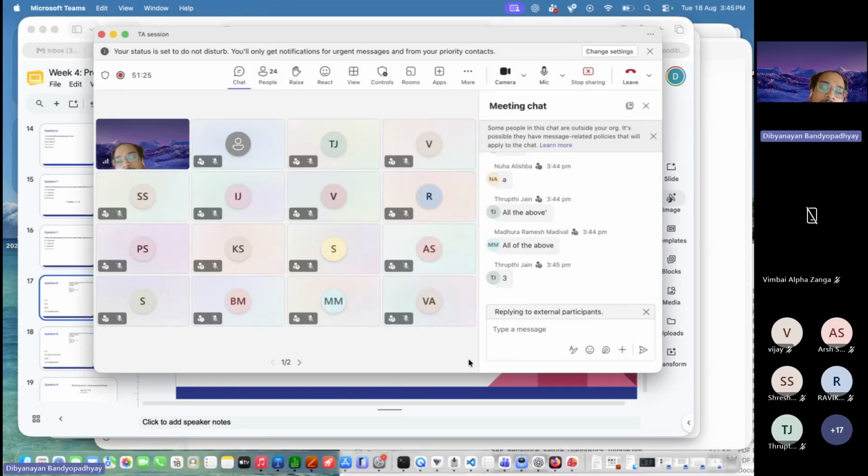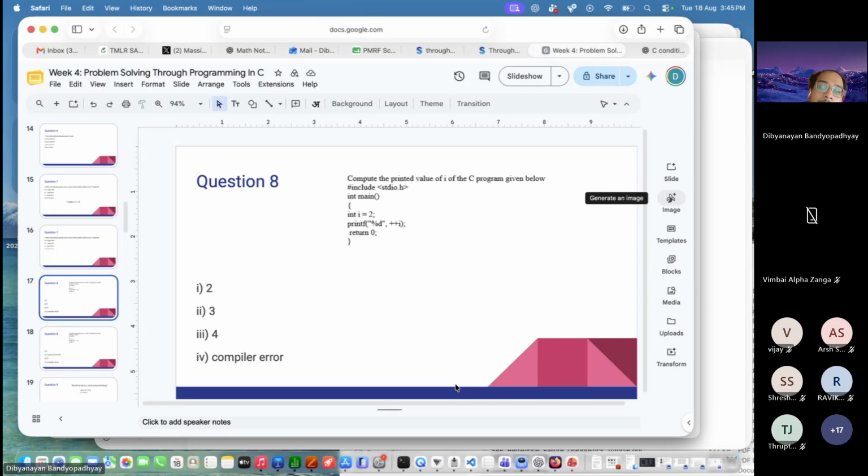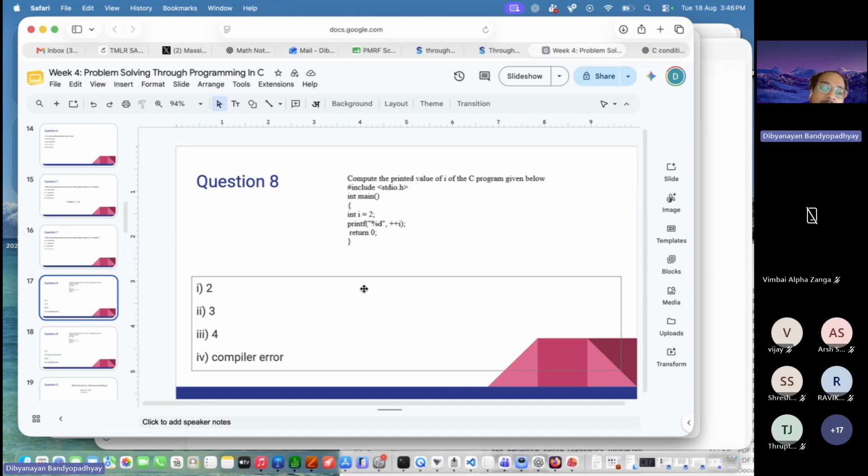Any other people? Okay, so instead of making this simple, let me make it more complex.